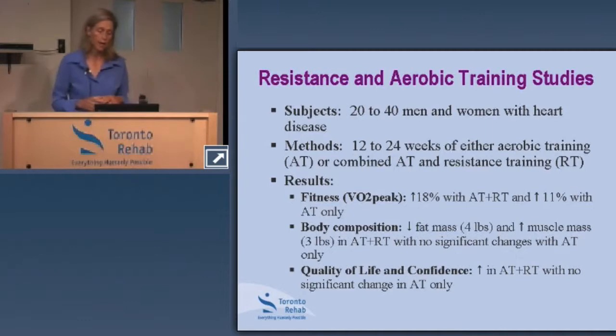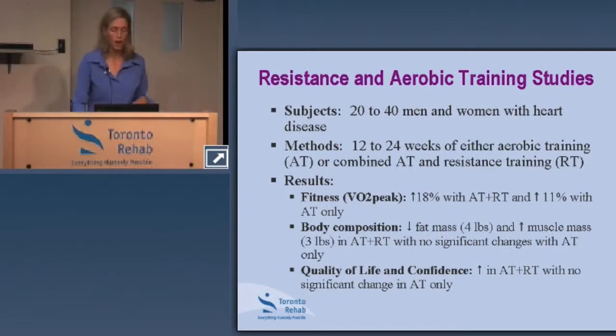And as an aside, 75% of the fat mass that was lost in the combined training group came from the trunk area. And in terms of quality of life and confidence, combined training groups showed improvements in those parameters, while the aerobic training group did not.